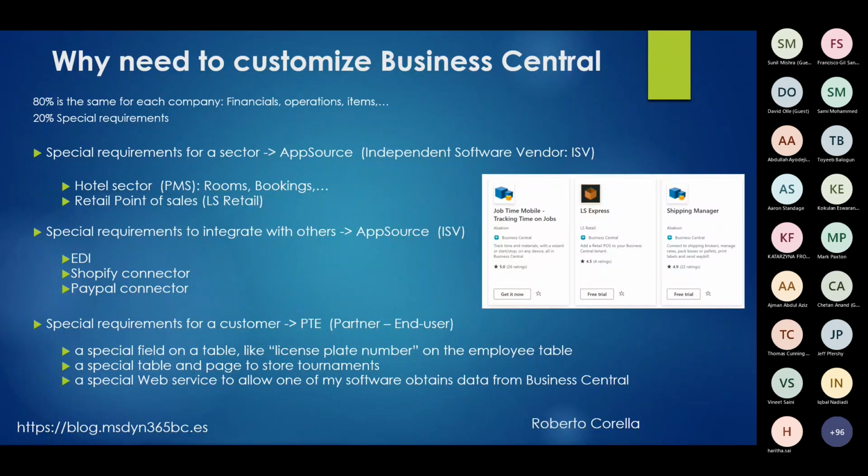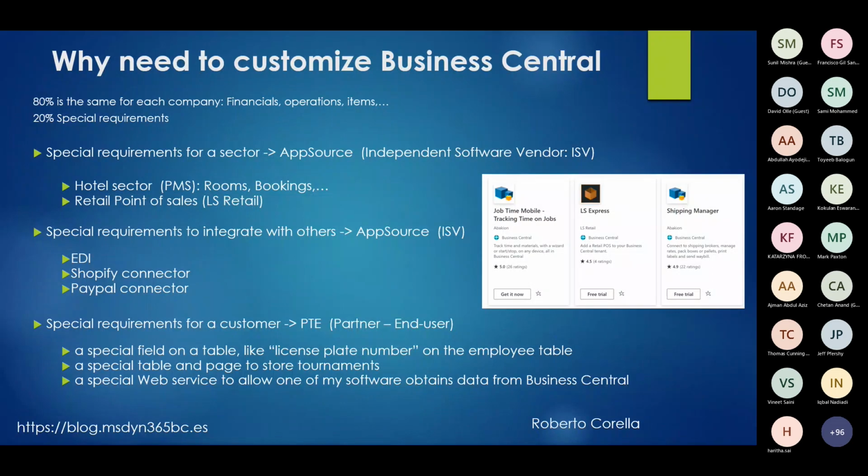We have three kinds of requirements. Requirements for a special sector. Imagine a hotel, a property management system, a software to control a hotel. We have rooms, we have bookings. It's different. This kind of thing we don't have in a standard Business Central.